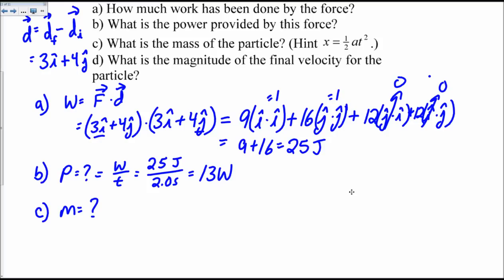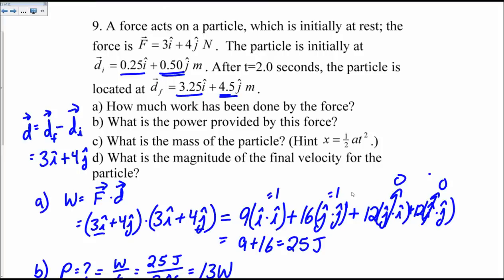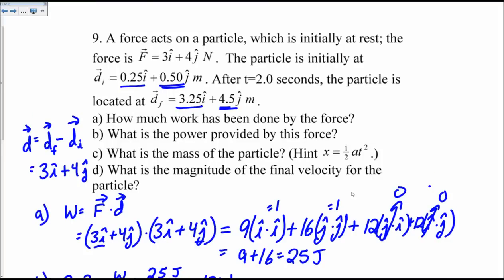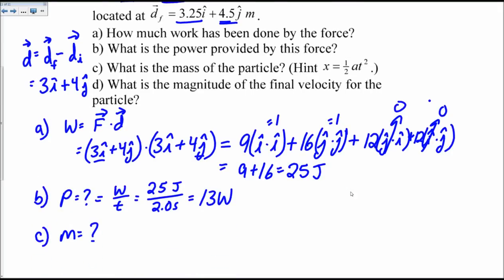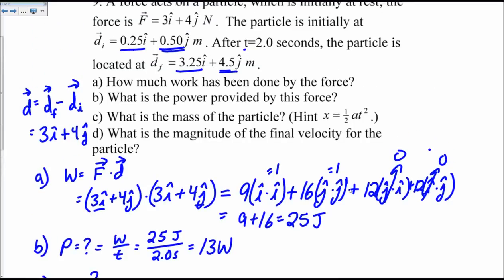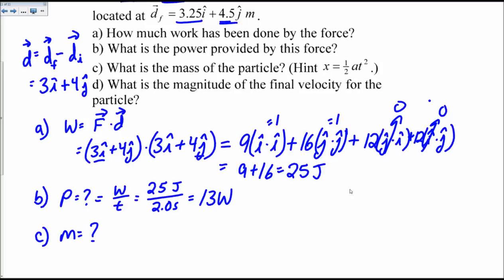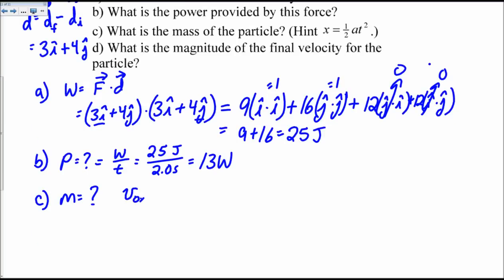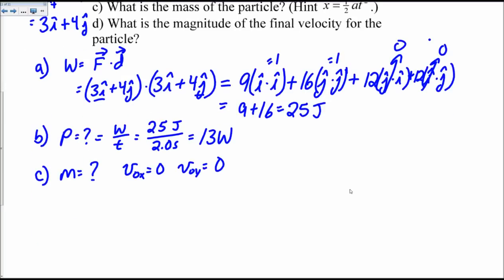I have initial and final positions, and I have a time for both of these. I'm going to break this up into its x and y components. I also know that v naught is equal to 0. V naught x equals 0, and v naught y equals 0.